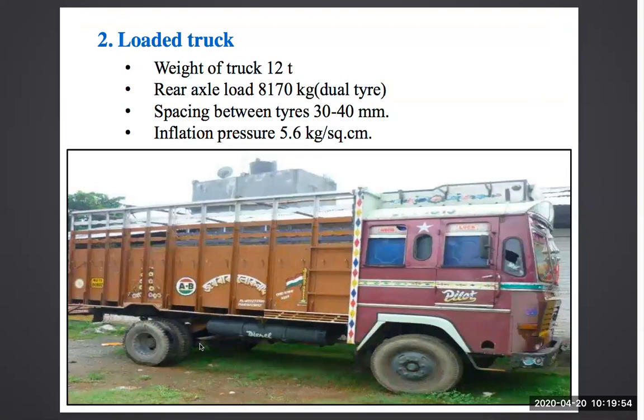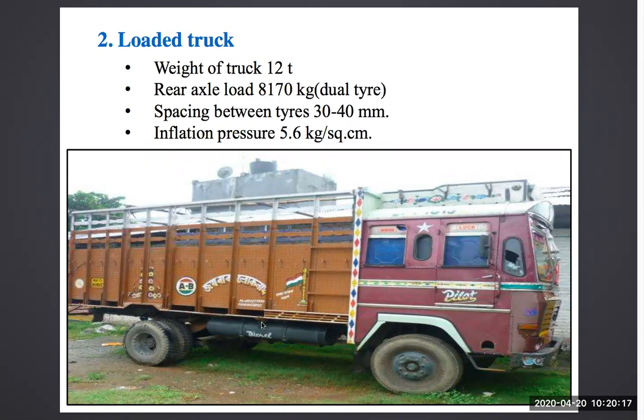Okay, so we require certain prerequisites to conduct this procedure. We require a loaded truck of dual wheel assembly. This wheel assembly should have an axle load of 8,170 kgs.